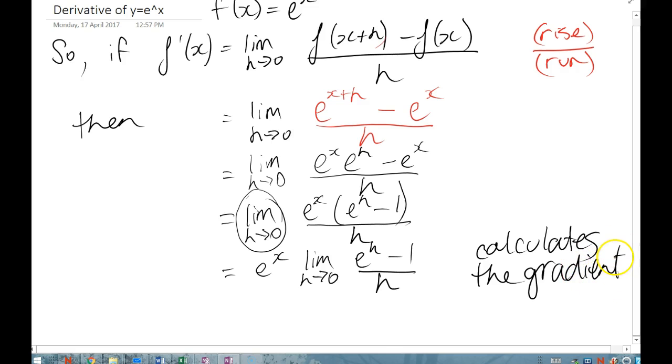Now, as h gets smaller and smaller, what does this term do? Let's investigate that. I've done up a little table, and this is also in your book on page 137. As h gets smaller and smaller, you'll notice that the term e to the h minus 1 over h just gets closer and closer to 1.